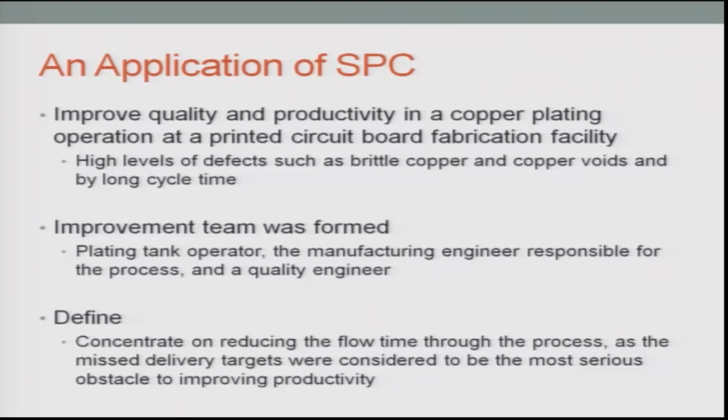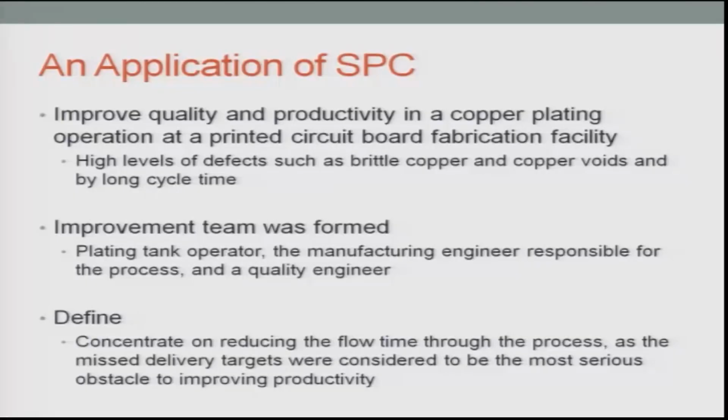The tank operator, the manufacturing engineer responsible for the process, and the quality engineers got together, brainstormed, found the cause and effect diagram, analyzed the problem, and then came up with a solution.